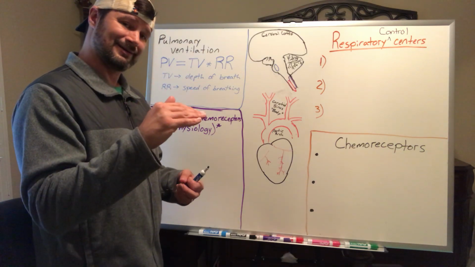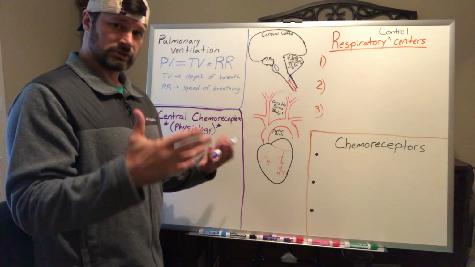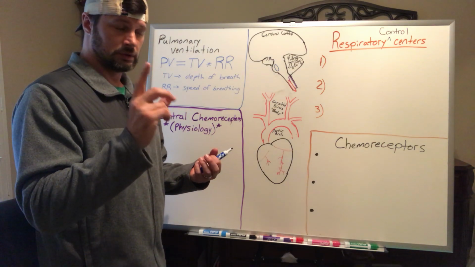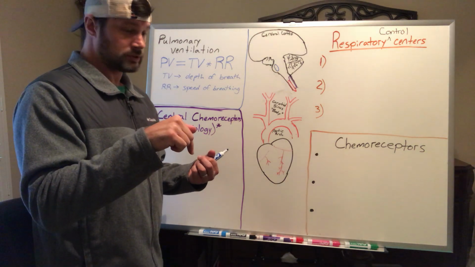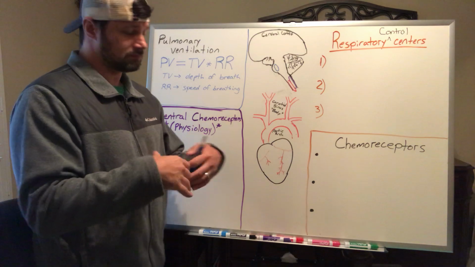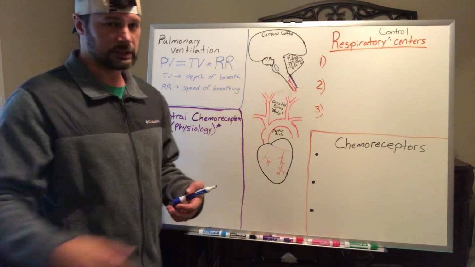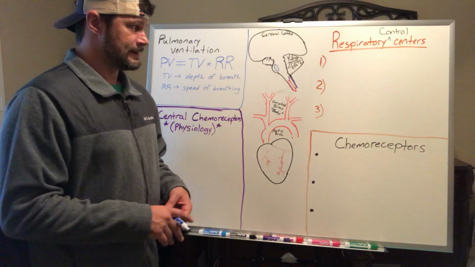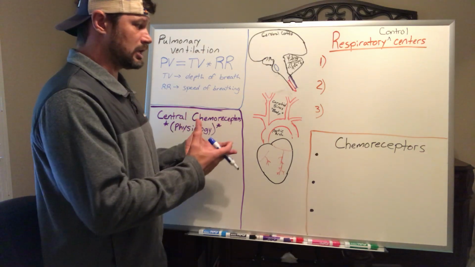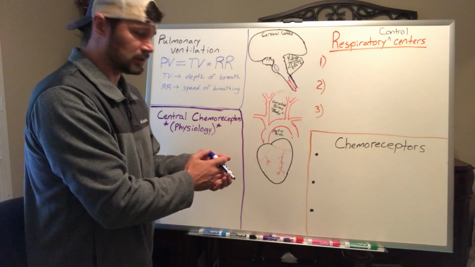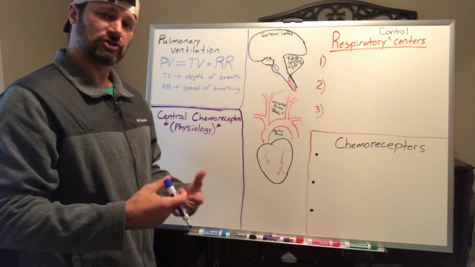We want it just right. Homeostasis. If oxygen levels get too high, what do we want to do? Bring them down. CO2 levels get too low, what do we want to do? Bring them back up. Love me some homeostasis. It's one of the easiest things to understand when we're thinking about physiology. And that's what the brain is trying to do in conjunction with receptors down here in the body that are detecting the change in the stimulus.